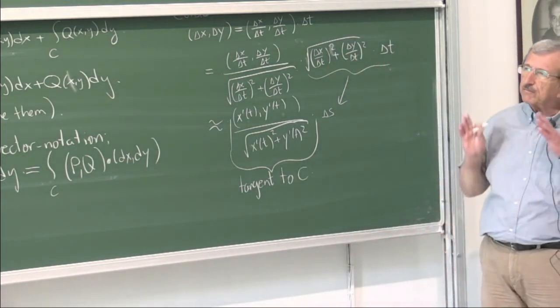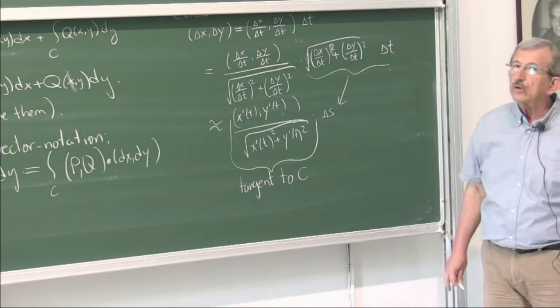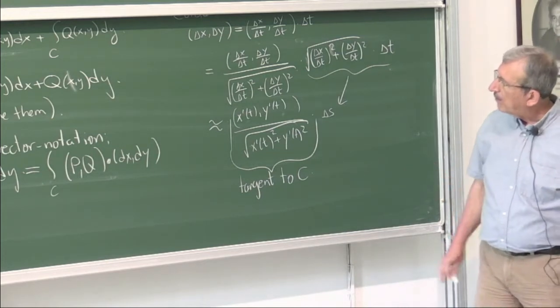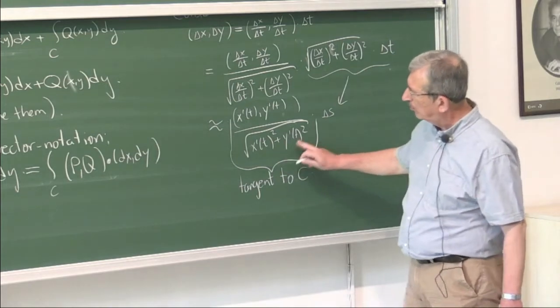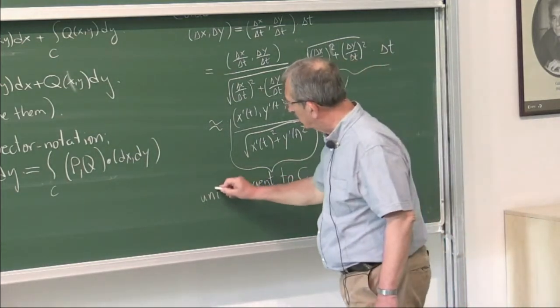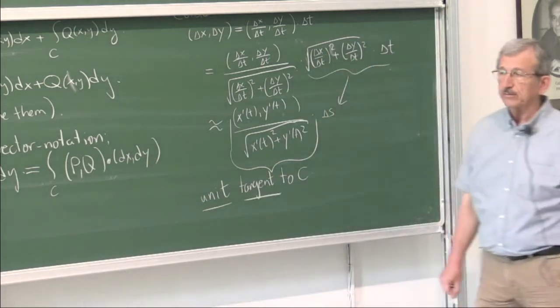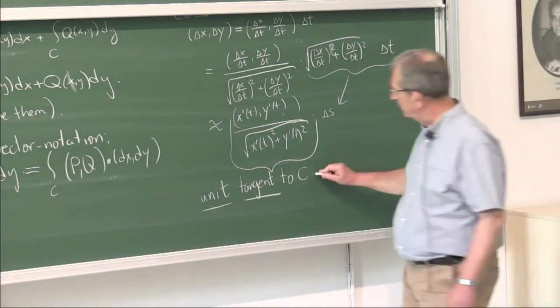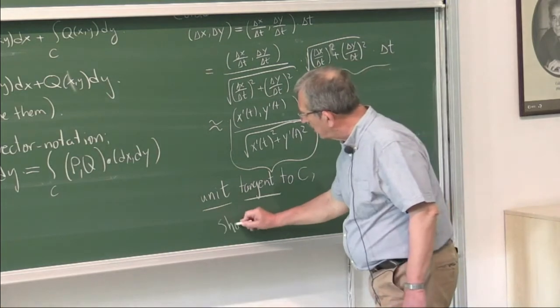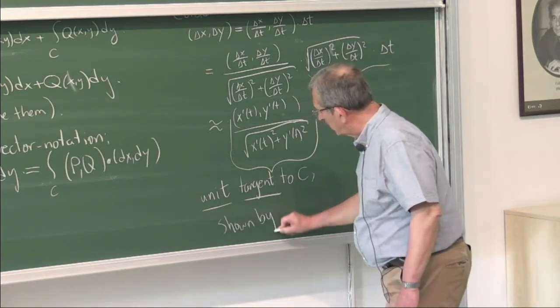It's in the direction of the tangent line drawn to the curve. But we divide it by the norm, so it's a unit tangent vector to C. Denoted by n.